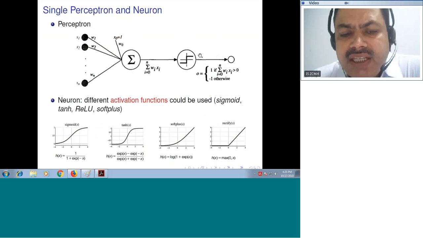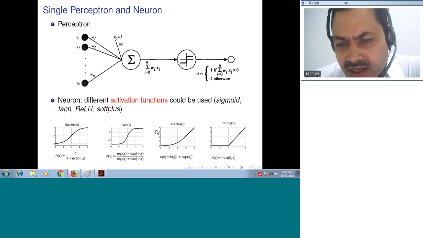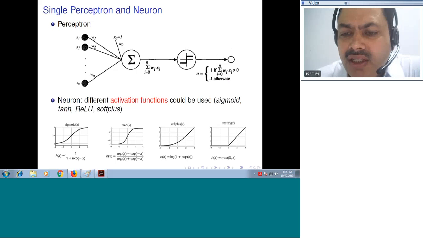If we change this function, meaning if we call this x, and then apply the sigmoid, tanh, softplus or rectified unit over here, then we call this a neuron. Then this particular model becomes a neuron.